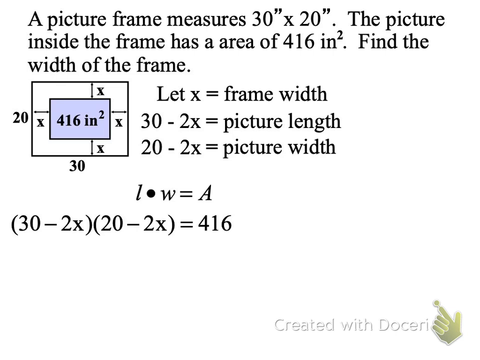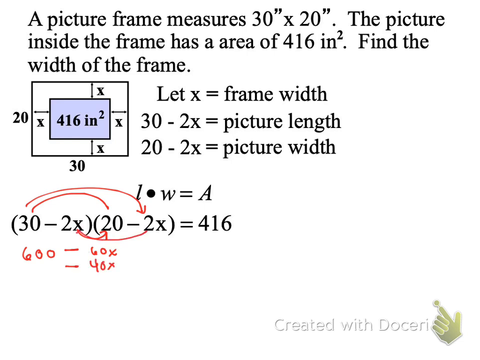I'm going to double distribute. Okay? 30 times 20 is 600. 30 times 2x is minus 60x. 2x times 20 is minus 40x.